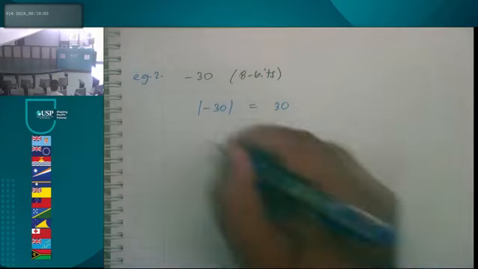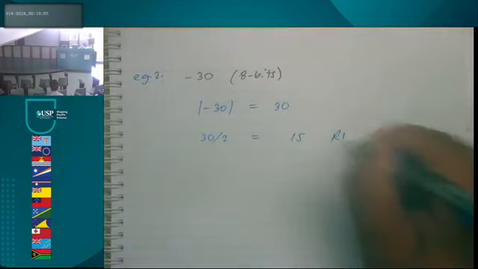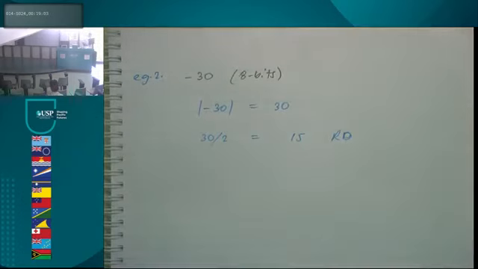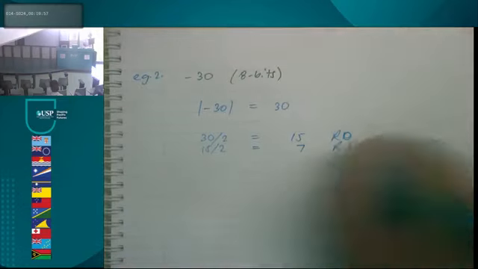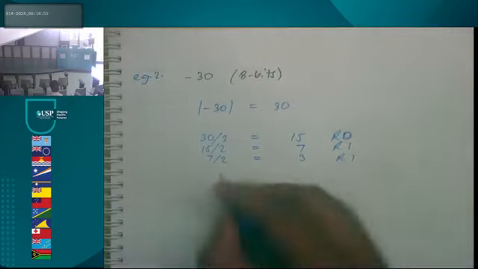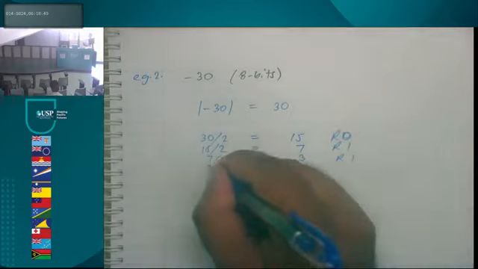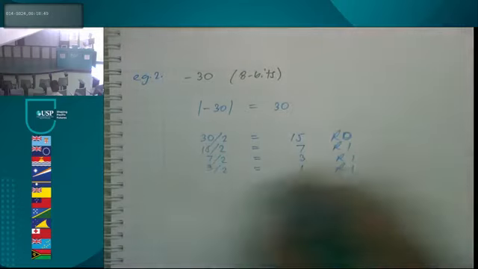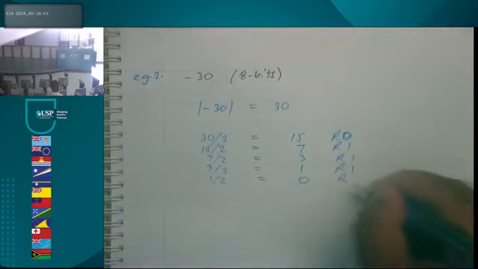Let's do 30 divided by 2 equals 15, remainder 0. 15 divided by 2 equals 7, remainder 1. 7 divided by 2 equals 3, remainder 1. 3 divided by 2 equals 1, remainder 1. 1 divided by 2 equals 0, remainder?